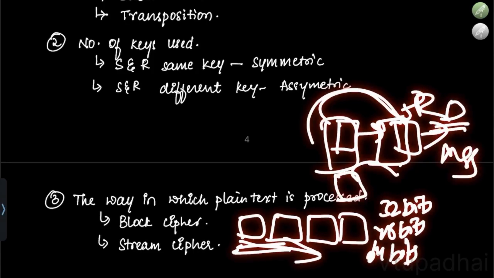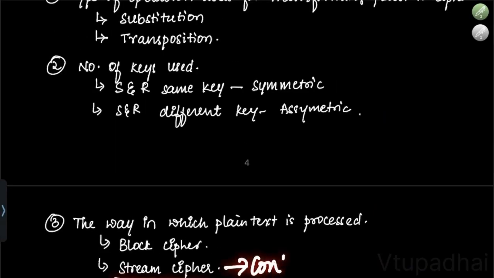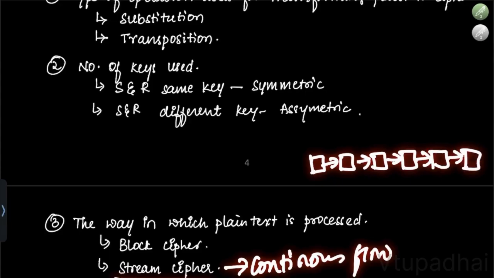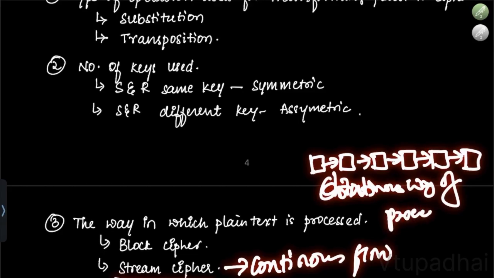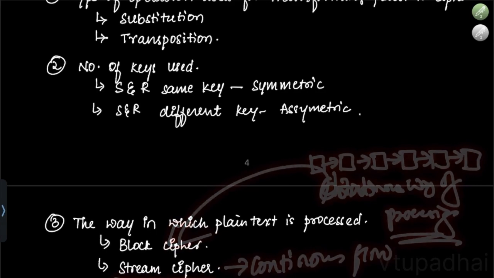Then the next block is sent, and the same cycle repeats. Stream is a continuous flow of data, sending it bitwise; this continuous way of processing the data is specified as stream cipher.